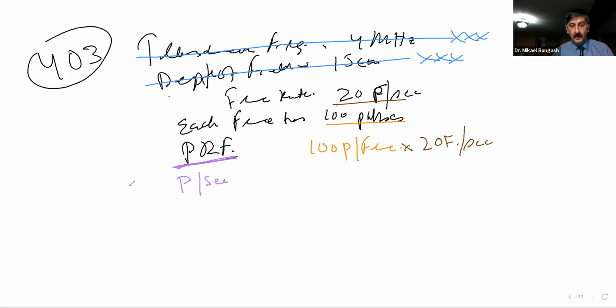When we multiply these two numbers, we get 2000 pulses per second. We can say the frequency of pulses is going to be 2000 hertz. Did that make sense?